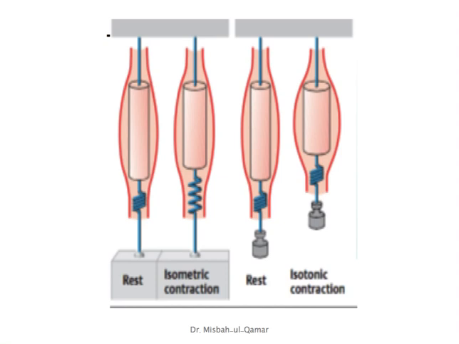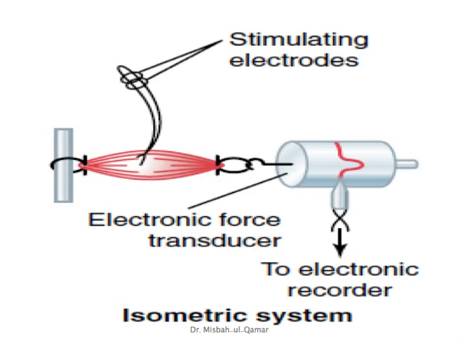Now, isometric contractions are basically important for maintaining posture and for supporting objects in a fixed position. Although isometric contractions do not result in body movements, energy is still expended. Here you can see the mechanism of the isometric contraction.